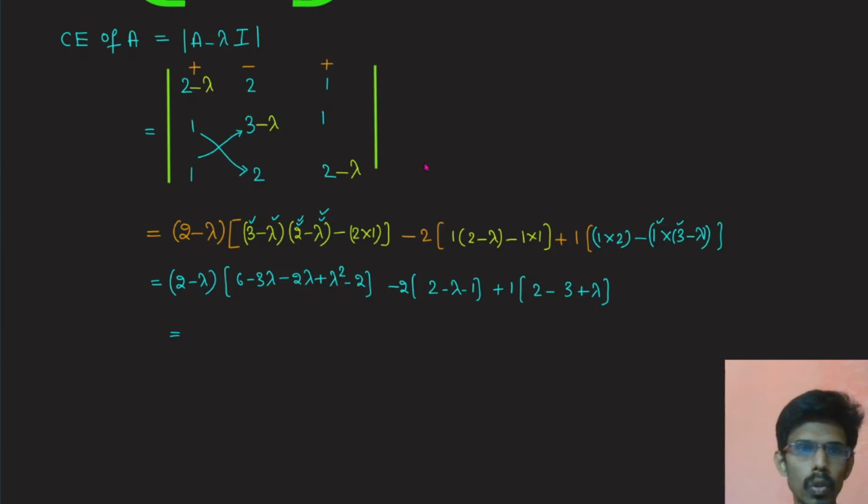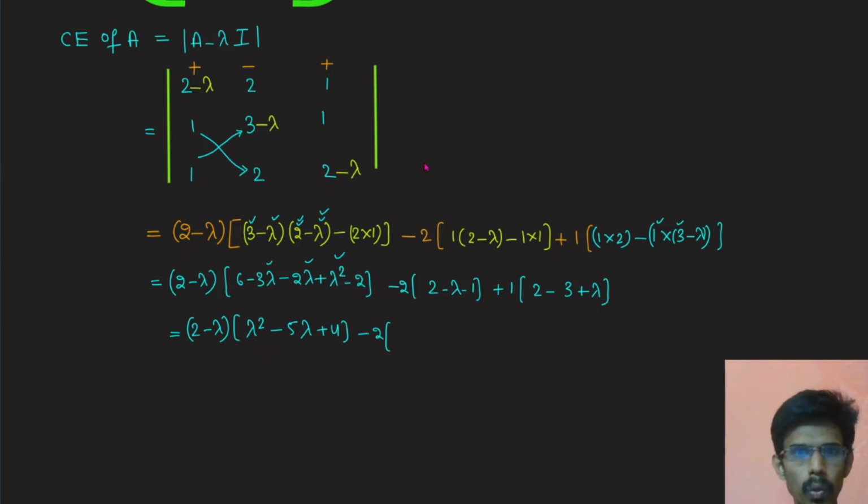Now we have 2 minus lambda here. Next write down lambda square first, then 3 lambda and 2 lambda will be minus 5 lambda. 6 minus 2 will be 4.